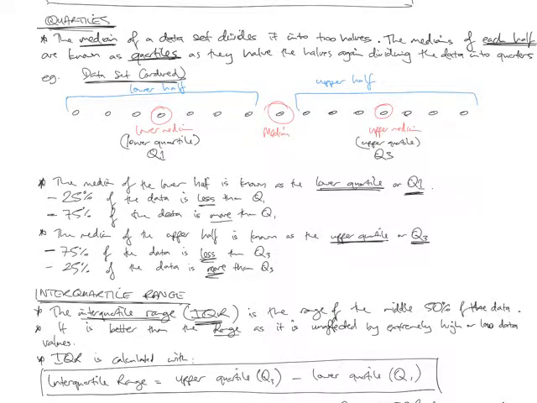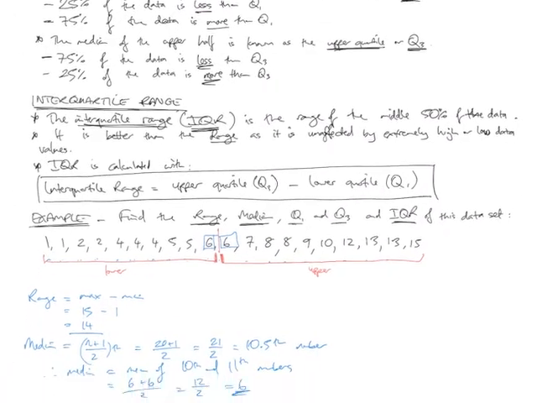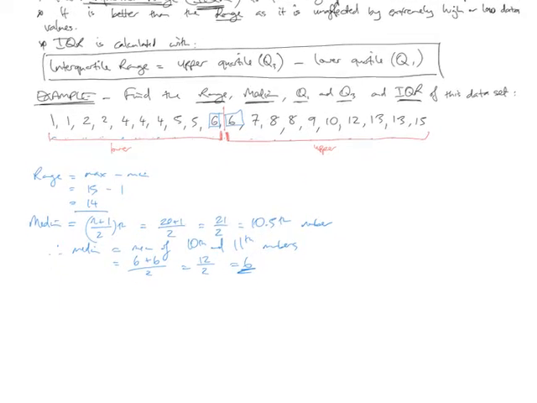For our purposes, the way that we're going to do it is for odd numbered data, so here there's 15 bits of data, the median is not in the upper half and it's not in the lower half. That's how you're going to find it. So I've shown both examples here.